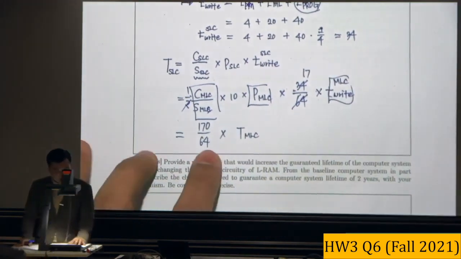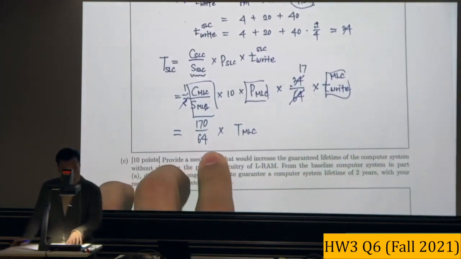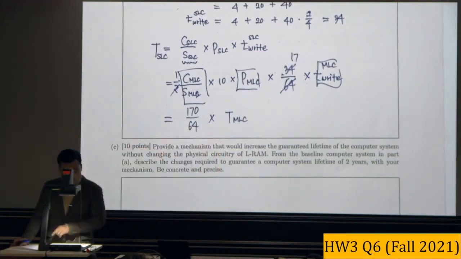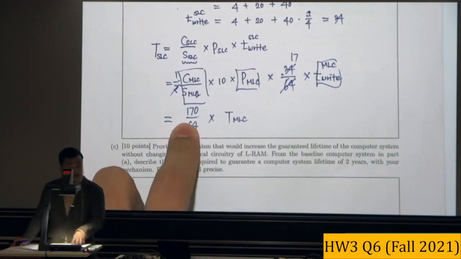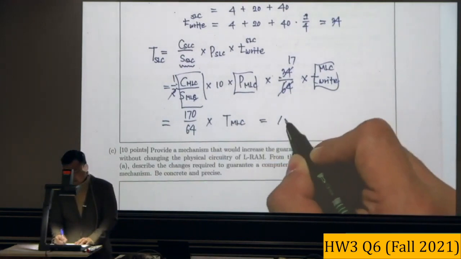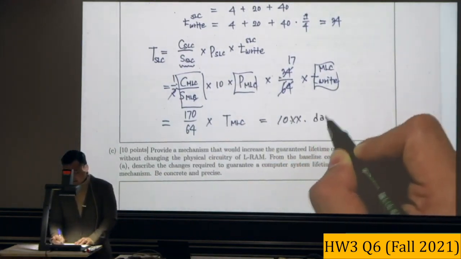Yeah. So this means, by using LM device as a SLC device, we can improve. The improvement gain is about less than 3x, right? So as I remember, this is about 1000x, x days.